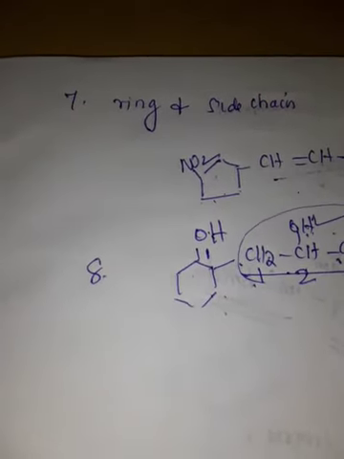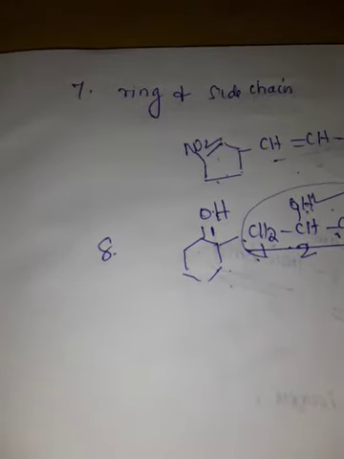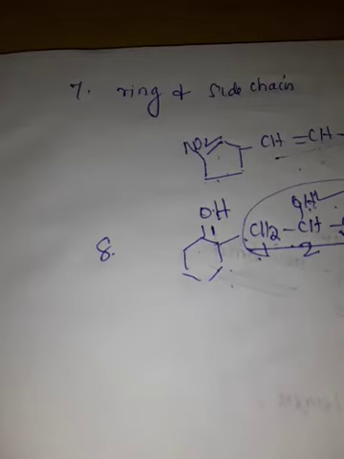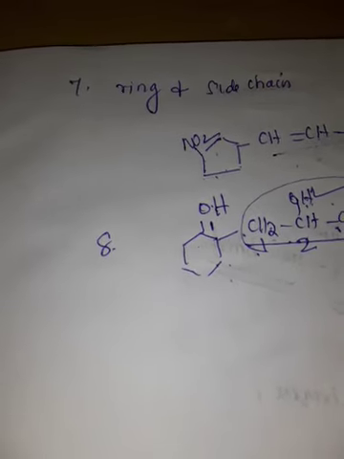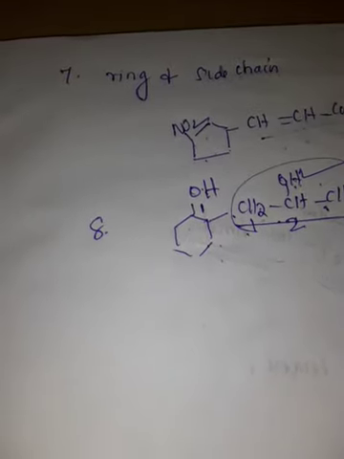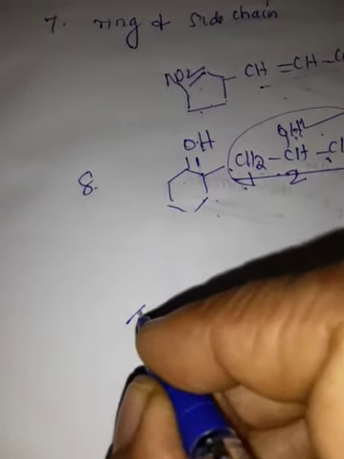If more than one alicyclic ring is attached to a single chain of carbon atoms, that compound is derived as a derivative of alkane, and the alicyclic rings are treated as substituents irrespective of the number of atoms in the ring. For example, you see 2 alicyclic rings.